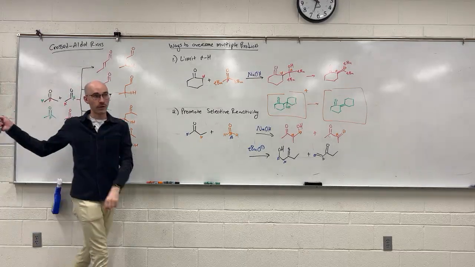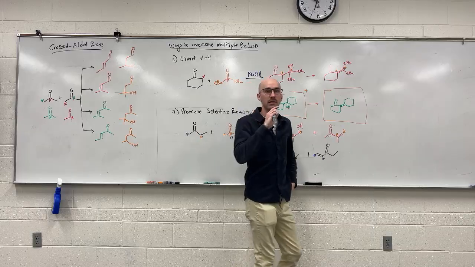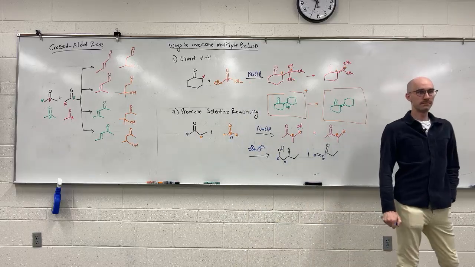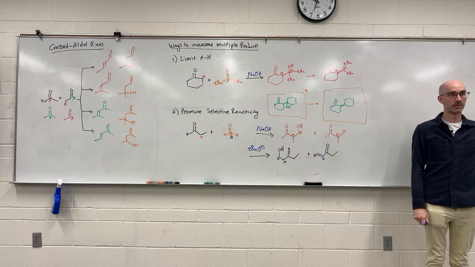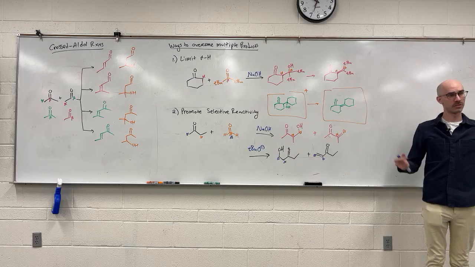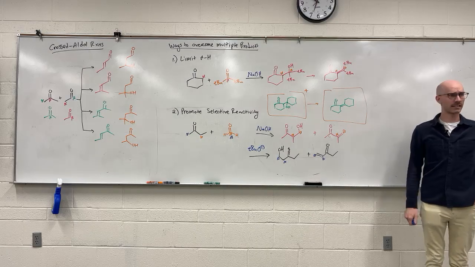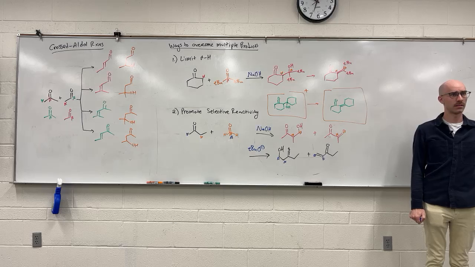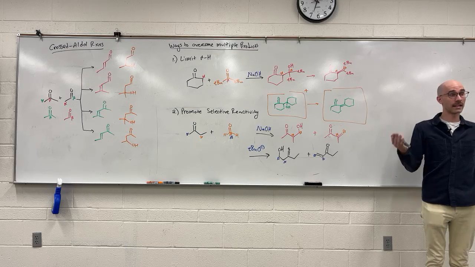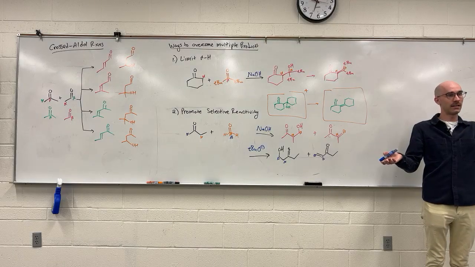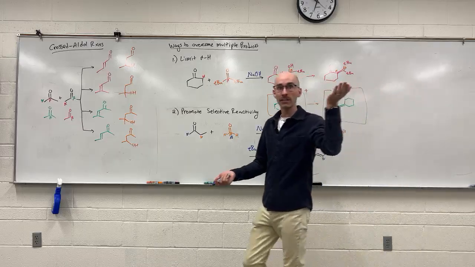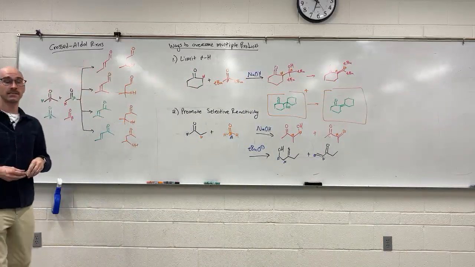Did we limit alpha hydrogens between the two reagents? No. They both had alpha hydrogens. So did we promote selective reactivity? We did. We had a ketone which is less electrophilic than an aldehyde. So we are more likely to have products where the aldehyde was attacked.